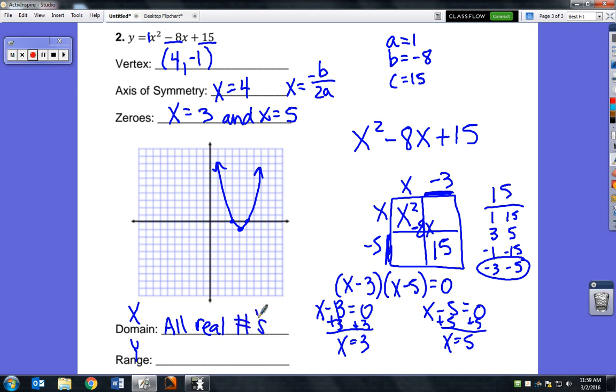My range, I'm going to need to look for my lowest point, which is going to be at -1, to my highest point, which is going to be infinity. So that answers question number 2 on the review.